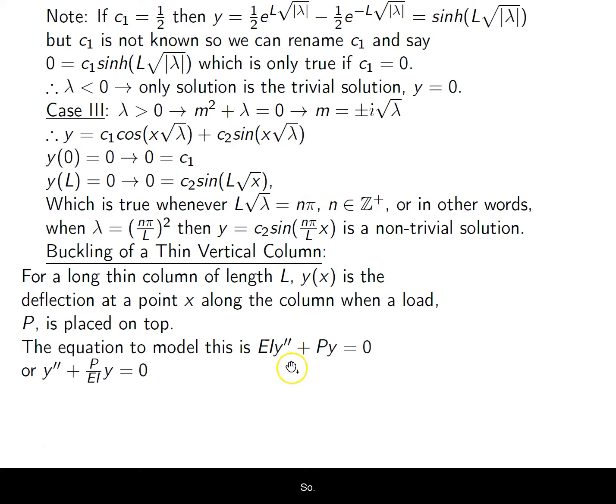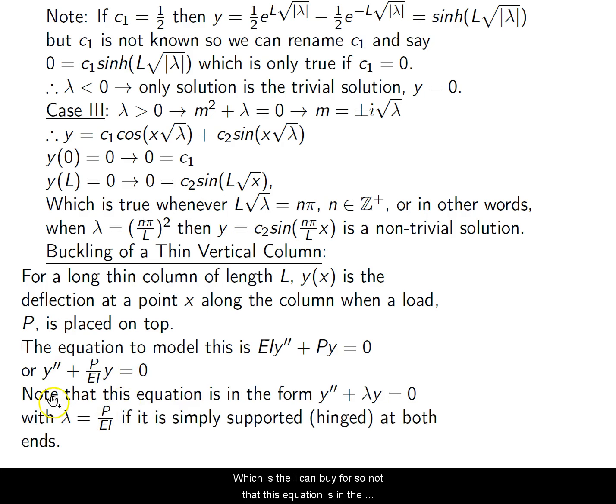If I put this into standard order, I get y double prime plus P over the flexural rigidity times y equals 0. And if you notice, this is in the form that we just looked at, which is the eigenvalue form. Note that this equation is in the form y double prime plus lambda y equals 0, where my lambda is this constant.